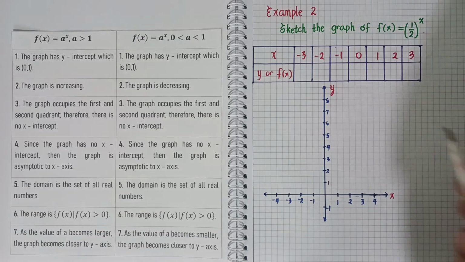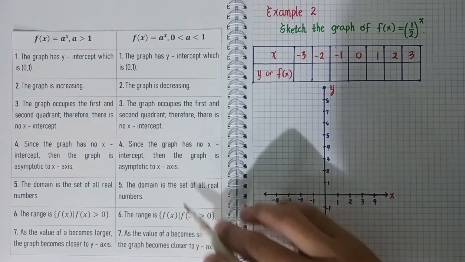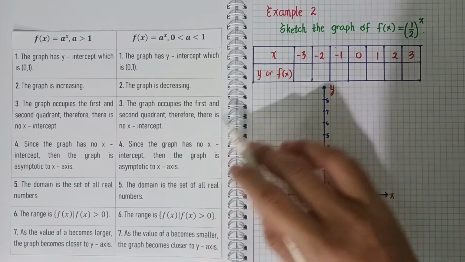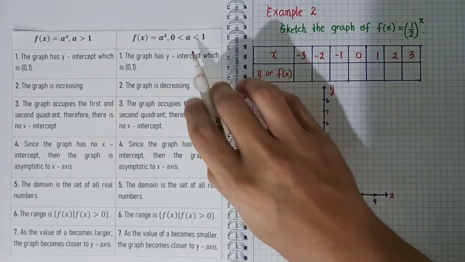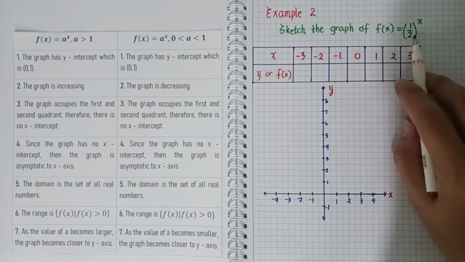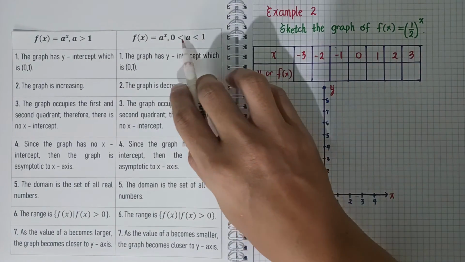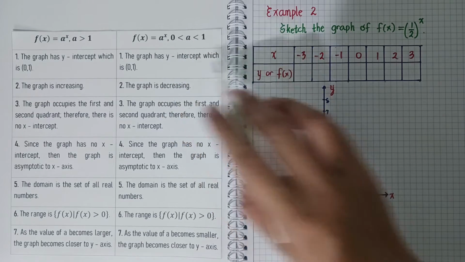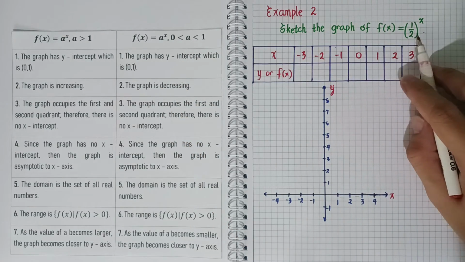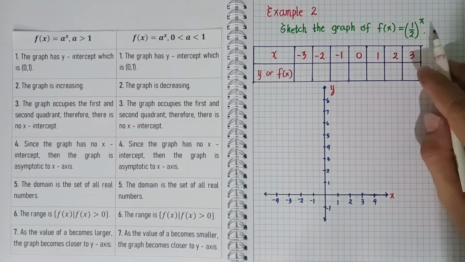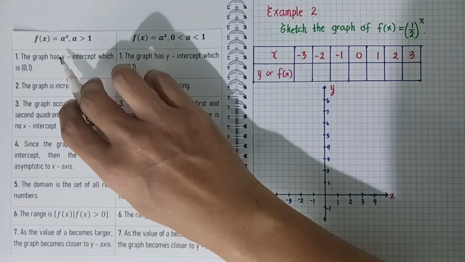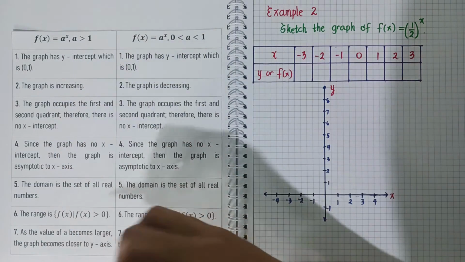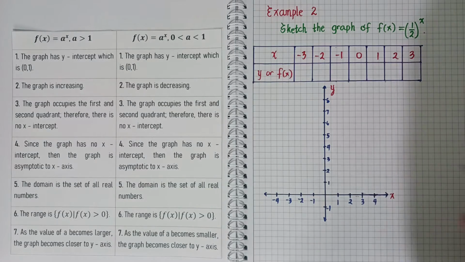Okay, so this time guys, etong mga properties naman ang isosolve natin. Kasi yung a natin dito guys ay 1/2. So a is greater than 0 but less than 1. So doon lang naglalaro yung base natin. Kanina, f of x equals 2 raised to x. So ito yung ginamit natin kanina. Okay, so ito magkaiba naman, pero same procedure pa rin tayo guys.